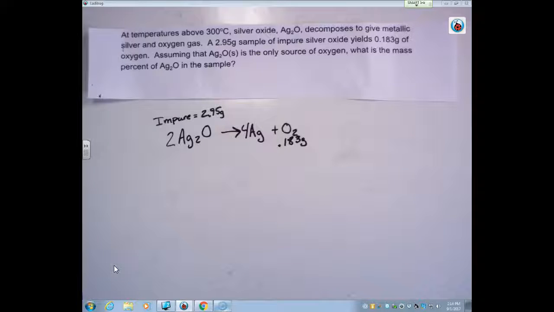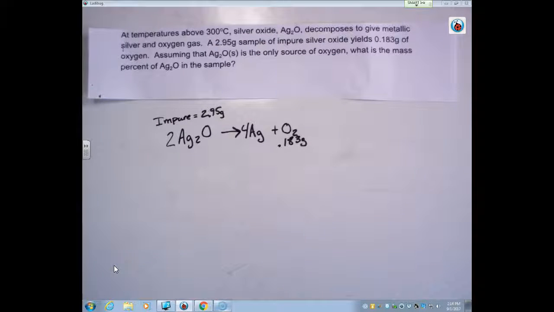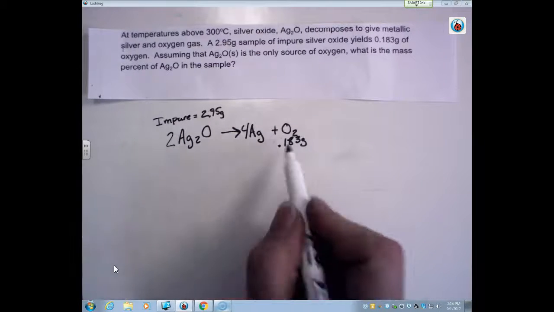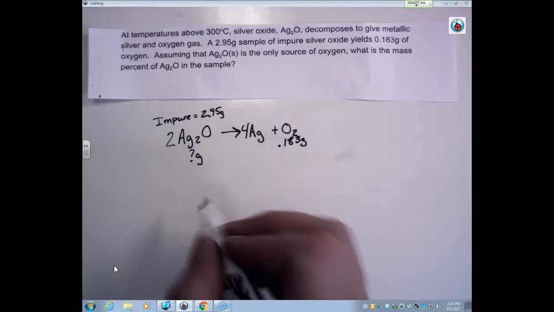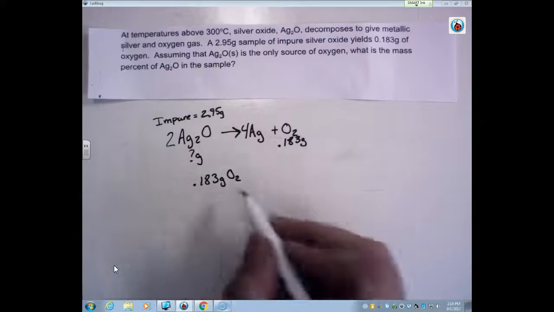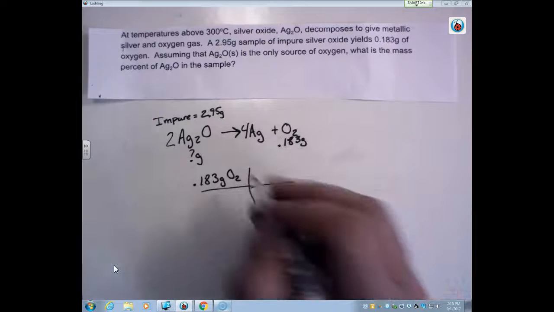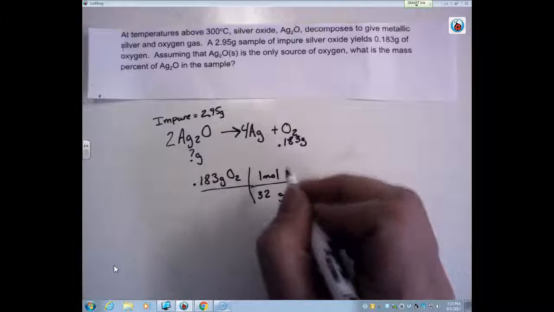Next, we're going to try and figure out how to get that mass percent. We need to figure out how much of this there actually is in that impure sample. So we're just going to use stoichiometry and back calculate from here to how many grams of silver oxide there were originally. We'll start with what is certain, and we're certain of the amount of oxygen that came out of this reaction. Can we use mole ratio? No. We have to use molar mass, and for oxygen gas it is 32 grams in 1 mole.